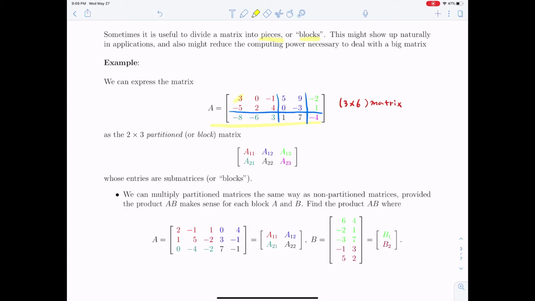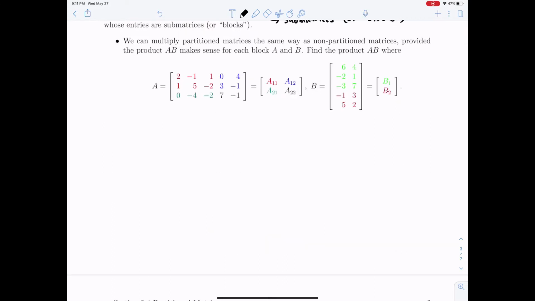If you let the red one be A11, the blue one be A12, and the green one be A13, and so on, then we get a 2 by 3 partitioned matrix, which is given this way. Note that the entries of the given matrix are matrices, and we call these submatrices or blocks of the given matrix A.